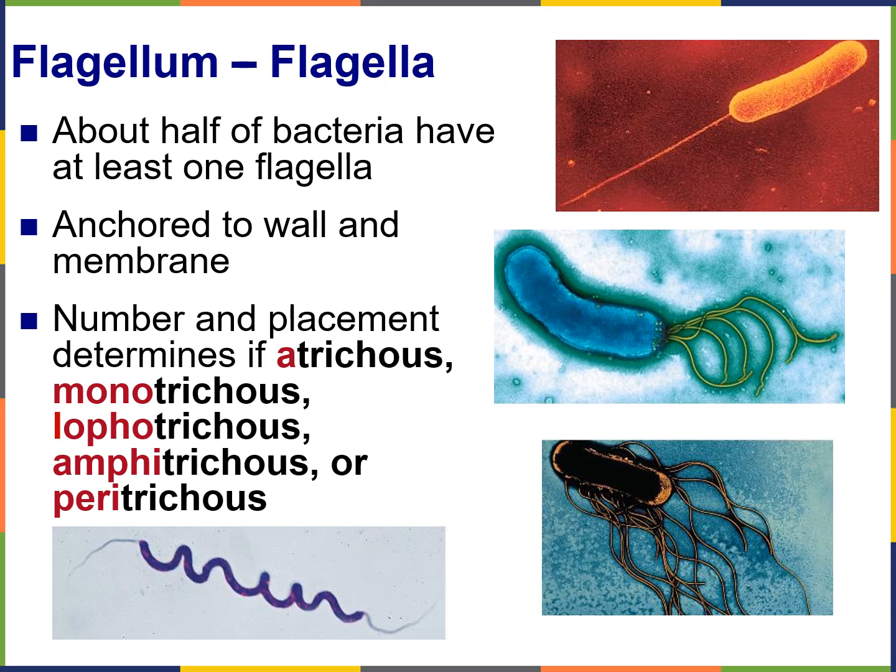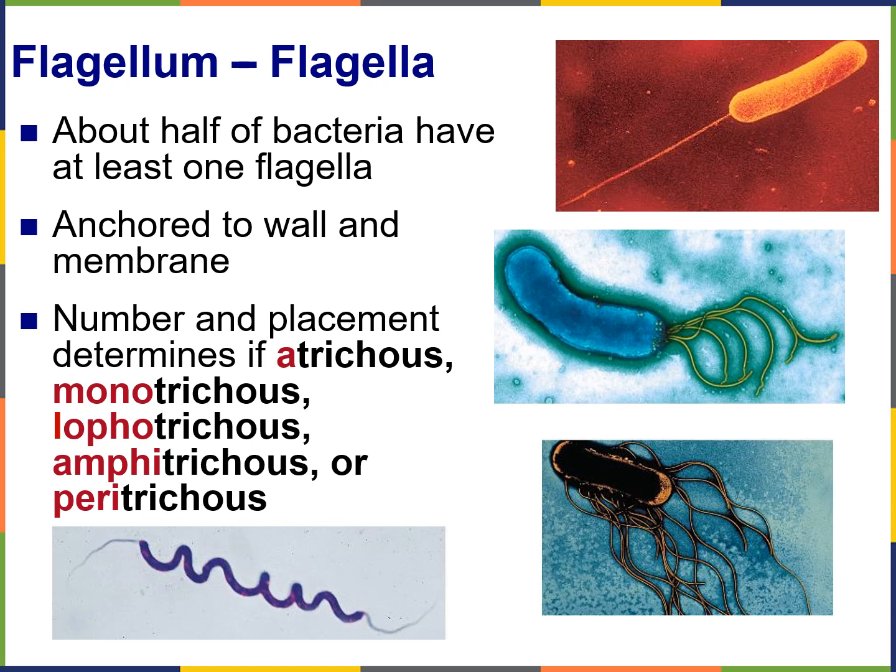The next term, lophotrichous. Lopho means tuft, T-U-F-T, like a tuft of hair. So the picture in the middle on the right-hand side, you see a bacillus cell, or it's kind of more of a vibrio actually, and you see it has a tuft of flagella at one end. So that is lophotrichous. Amphitrichous. The prefix amphi means both.